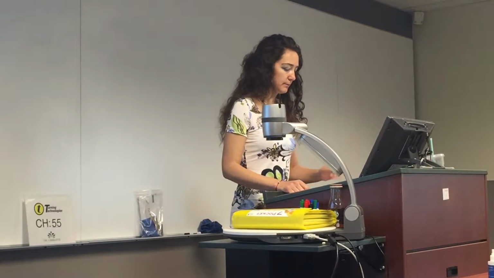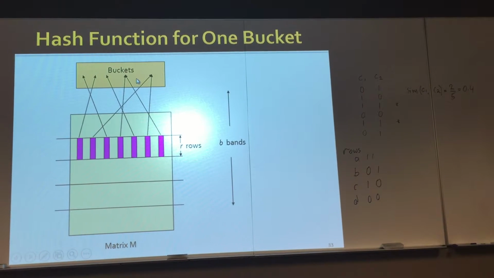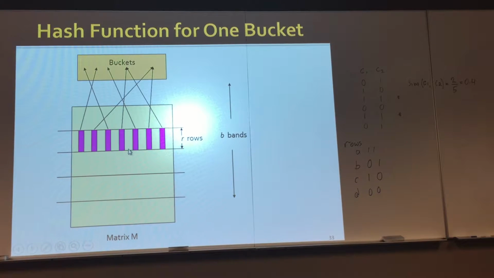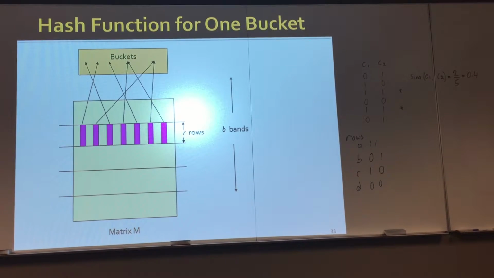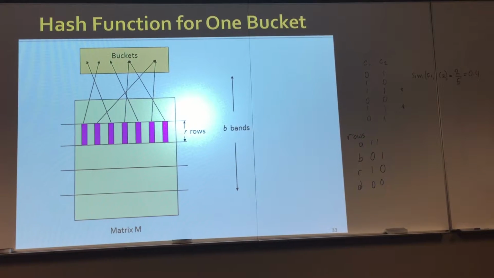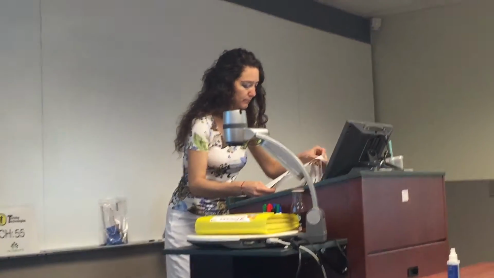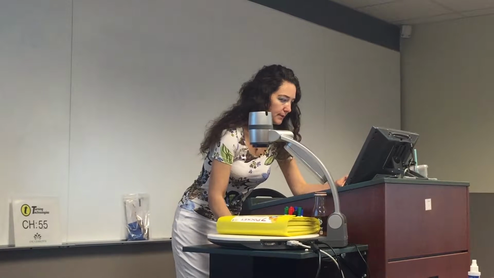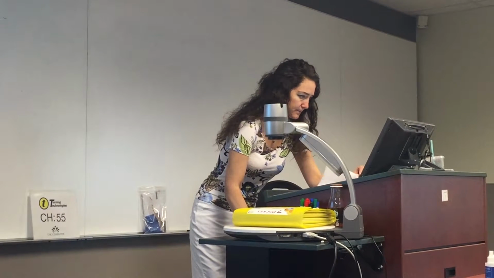So this is how it looks. Buckets are here. These are the bands, and that's the signature that corresponds to all the items in these bands. So the candidate column pairs will hash to the same bucket for one or more bands.